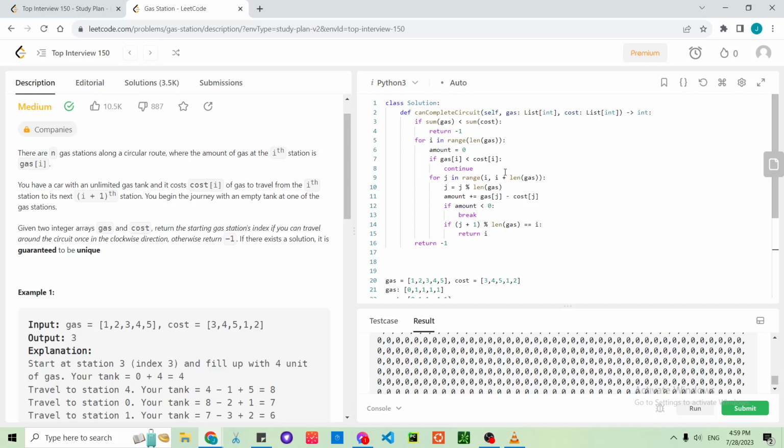I mean, even if we skip the zeros, when we do get to the one that's non-zero, we still have to calculate the entire circle. Okay, but at least we skipped calculating that entire circle for those 0 entries. Okay, let's see. If gas is 0 and cost is also 0, then we also skip 2.